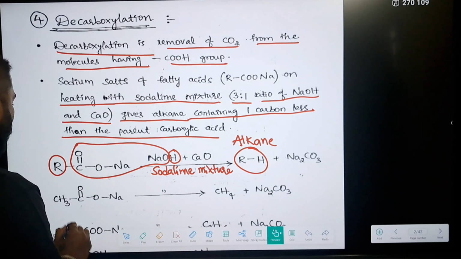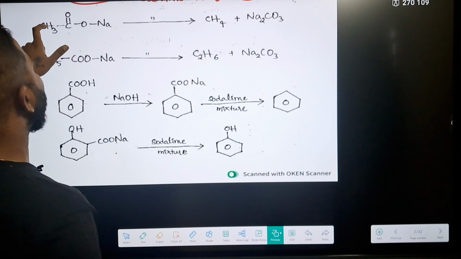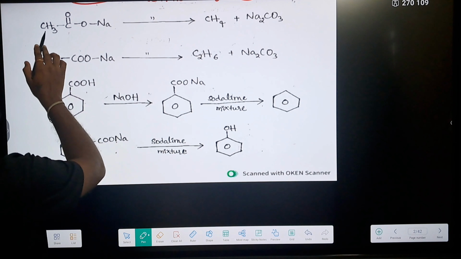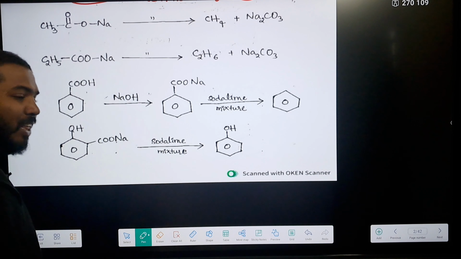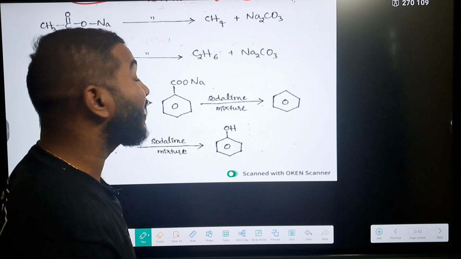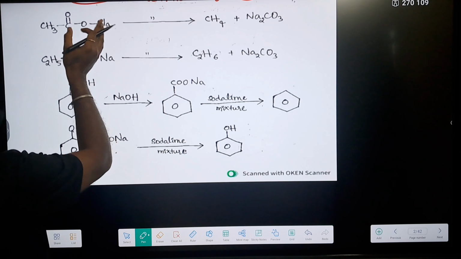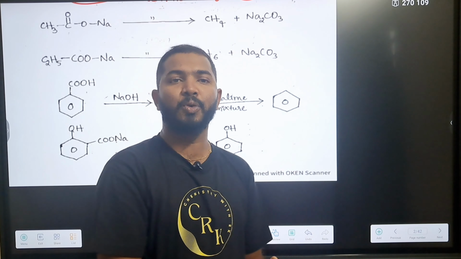Hope you understood. Let us take a simple R group, a methyl group, in place of R, so that we get CH3COONa, which is the sodium salt of ethanoic acid. Why do we call it the sodium salt of ethanoic acid? Since this is the salt formed by taking ethanoic acid with a base, that is NaOH.